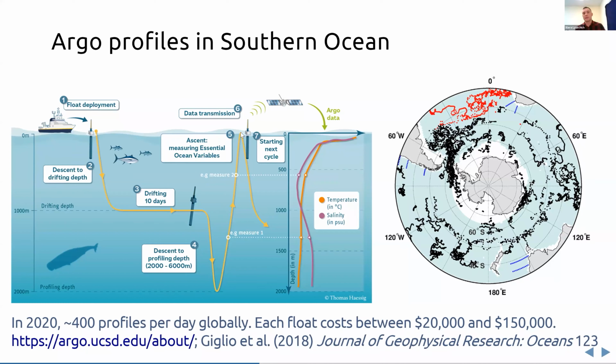As it reaches the surface, it transmits the data to a satellite and transmits its GPS location. Right after that, it goes down to 1,000 meters and the next cycle begins. The floats live up to about 5 years. There are about 3,900 floats right now in the ocean.